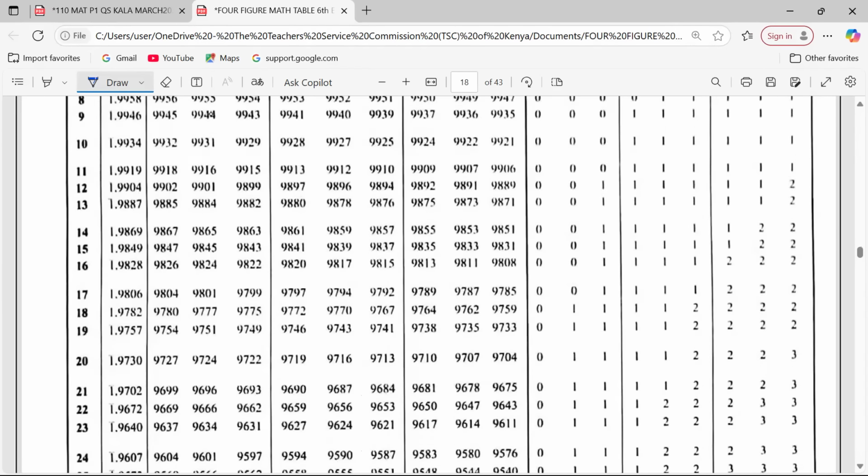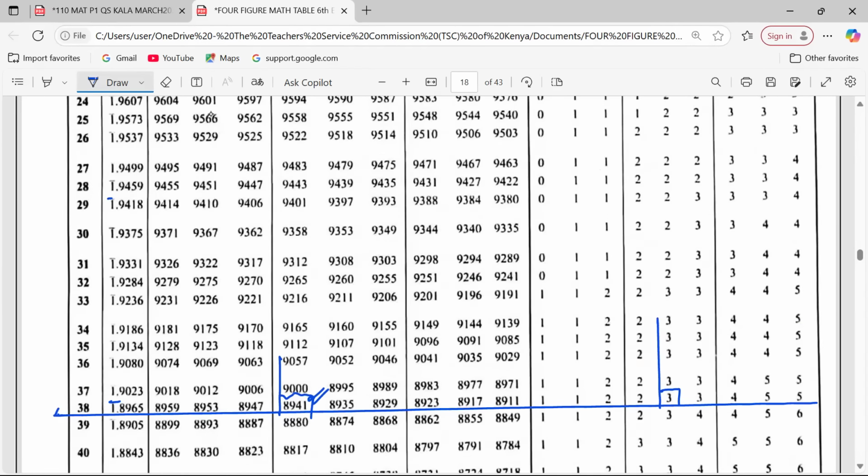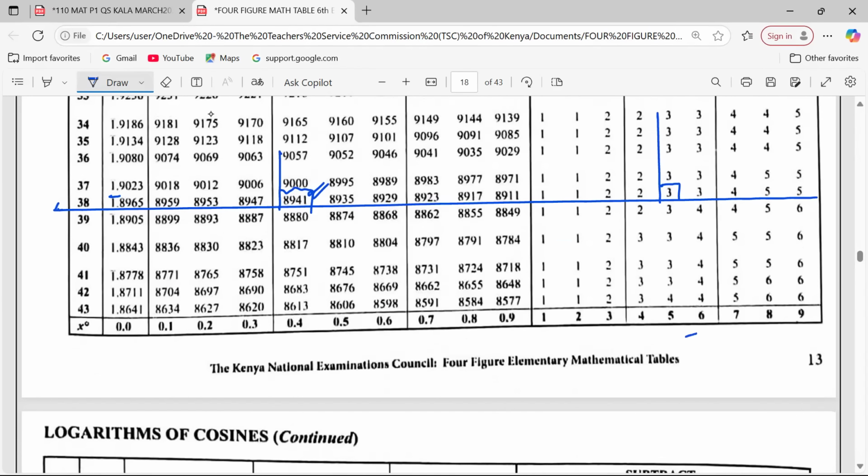So we have bar 1, not negative 1, but bar 1.8941. Then we subtract 3 at this point. We make it 11 first. 11 minus 3 is 8. Then the 4 becomes 3. So 3, 9, 8, bar 1. So bar 1.8938.